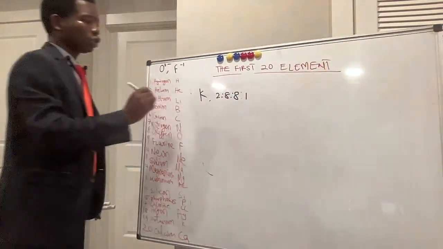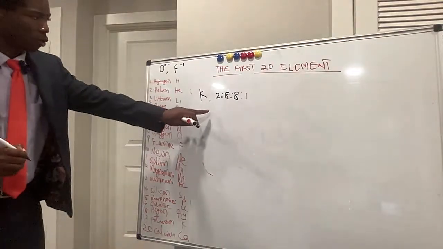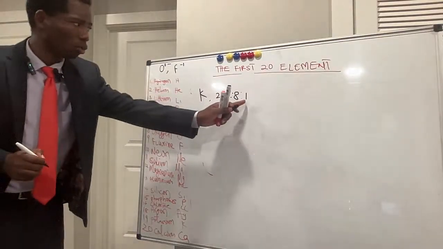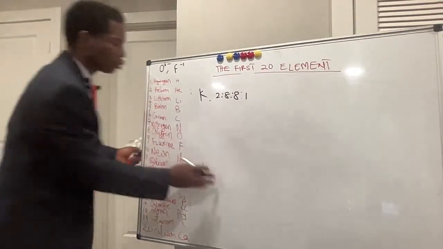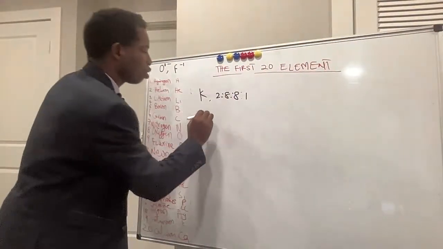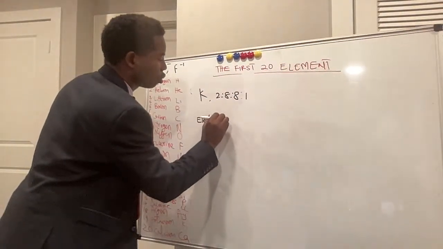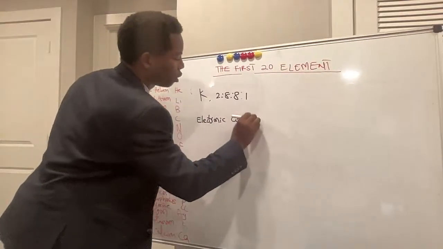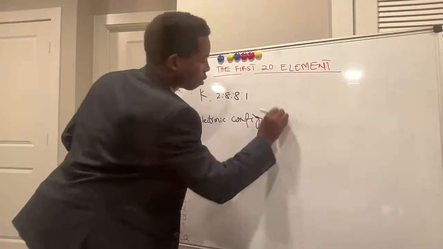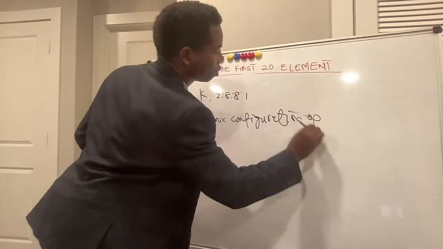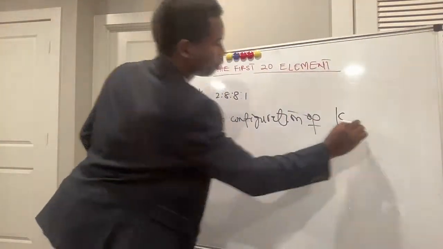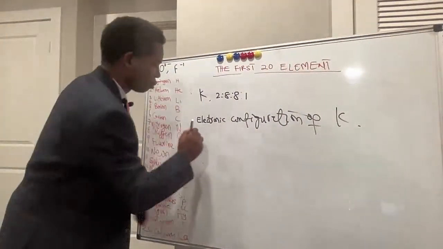So the outer shell of potassium has how many electrons? 1. So let's draw the electronic configuration of potassium.